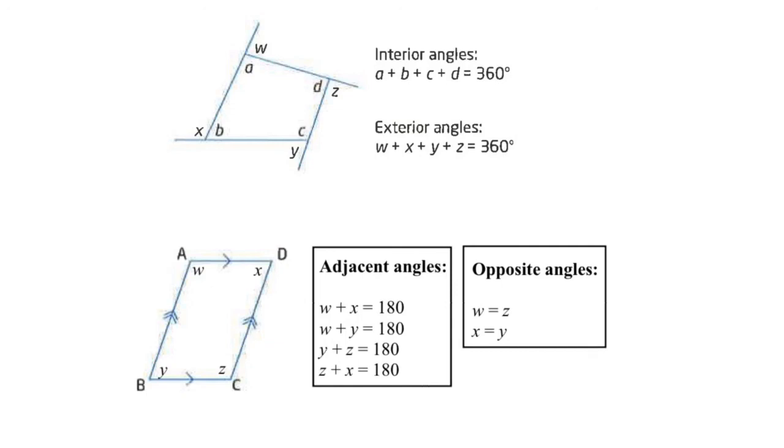All adjacent angles, or angles beside each other inside a parallelogram, are supplementary, meaning they add up to 180 degrees. Lastly, opposite angles inside a parallelogram are equal to each other. So angles in opposite corners of the parallelogram have the same angle measurement.